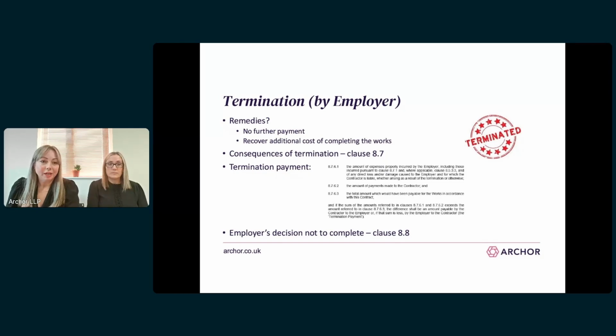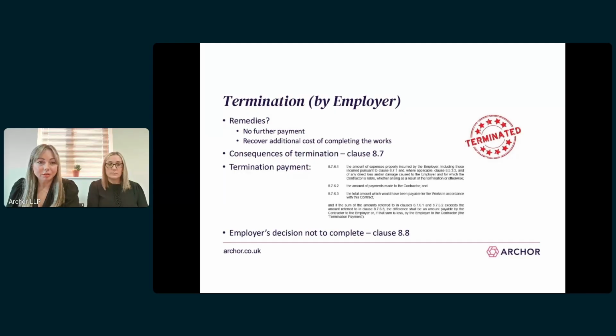Now, the termination payment is calculated in accordance with clause 8.7.6 and takes into account the employer's losses because of the termination, and this will nearly always result in a payment from the contractor to the employer. Now, just quickly, clause 8.8 gives the employer the decision not to complete the works after termination.